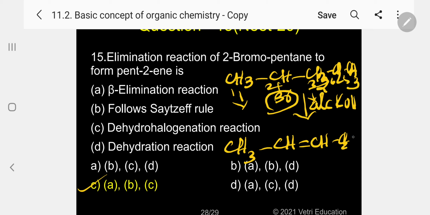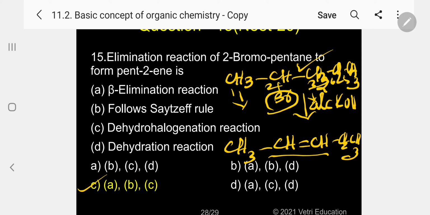You must know the structure and name. This is 2-pentene, so it clearly indicates that the hydrogen is eliminated from the third carbon atom and bromine from the second carbon atom. HBr goes out, then it reacts with potassium hydroxide to give potassium bromide and water. That is the reaction.